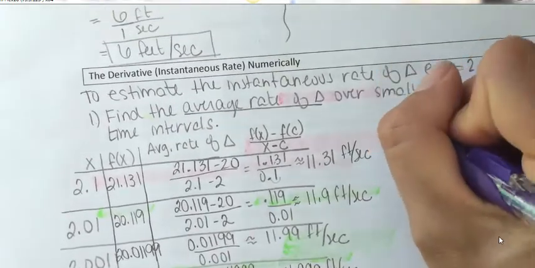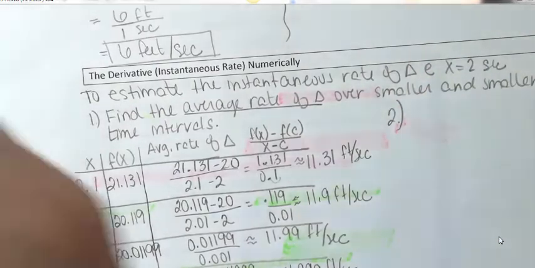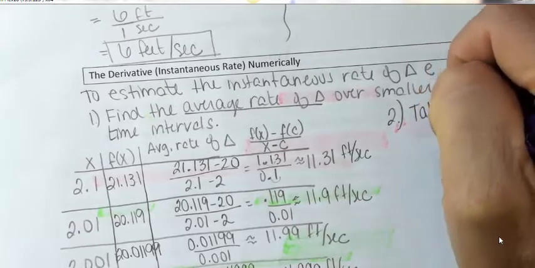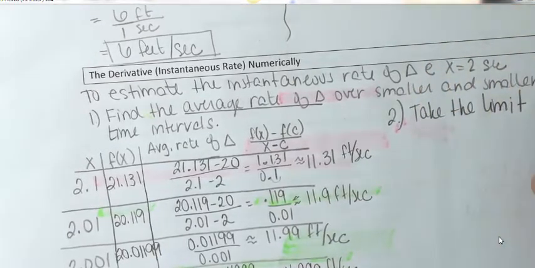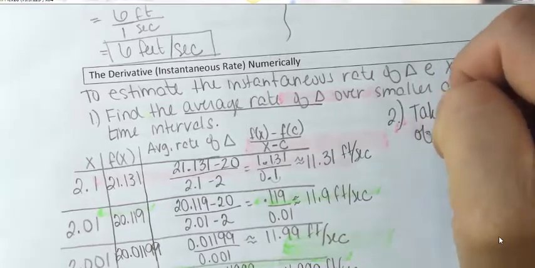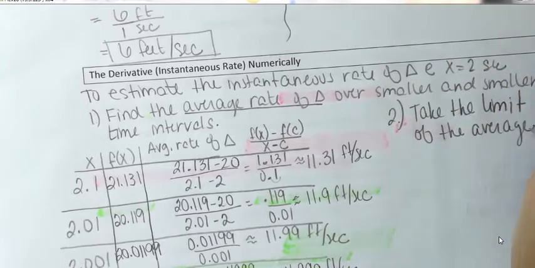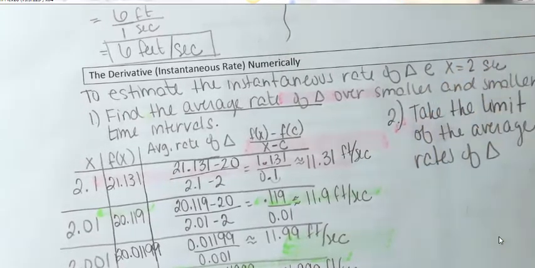And now the second thing we need to do is we're going to take the limit of the average rates of change as the time gets closer to 2.